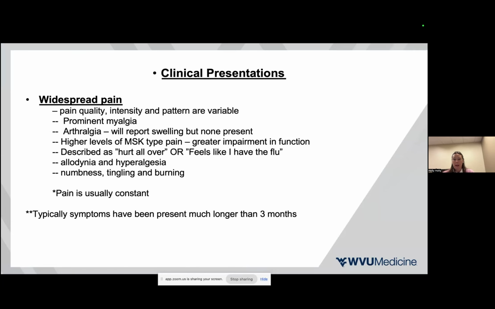They tend to have much higher levels of musculoskeletal pain than what you can find on exam, which ultimately leads to greater impairment of function through their day, yet you don't really have a reason why they shouldn't be able to move their knee, or move their hip, or bend over because their back is bothering them so much.